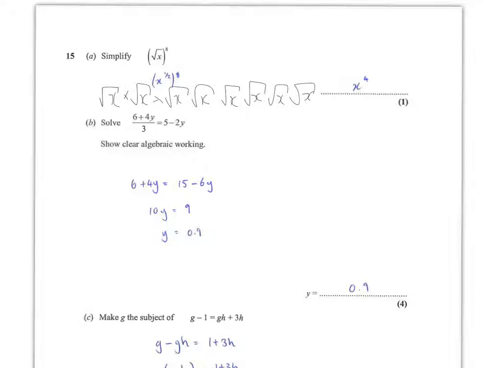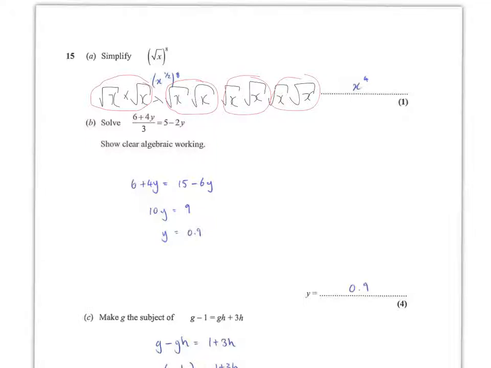We can now spot that root x times root x is x. So I'm left with x times x times x times x, which is the same as x to the power of 4.